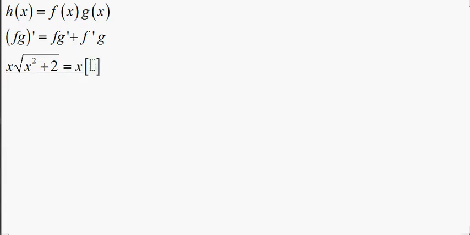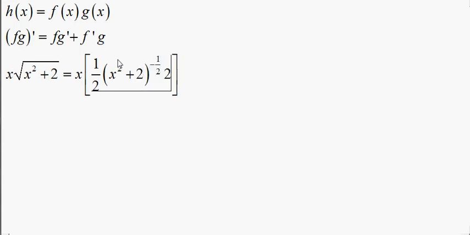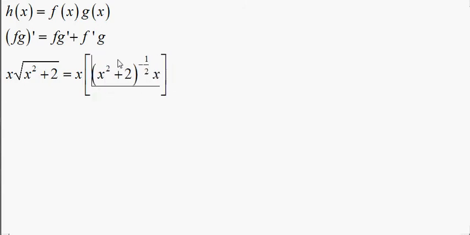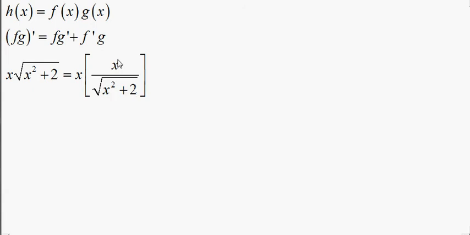The derivative of this square root function using the chain rule is going to be 1/2 times x squared plus 2 to the negative 1/2 times 2x. Then these 2's cancel. I'll move this x in front. And this gets kicked down to the denominator because of the negative power. So that is the derivative of the second term.